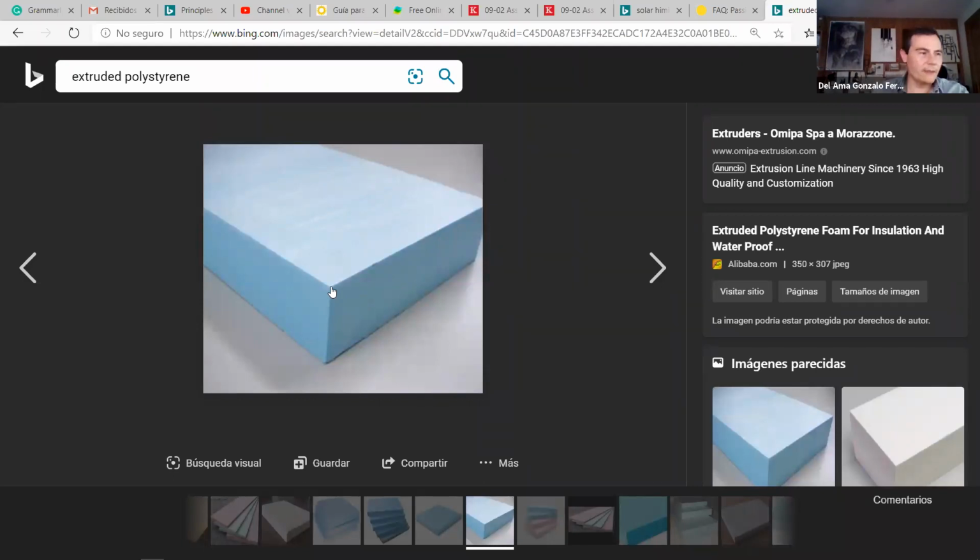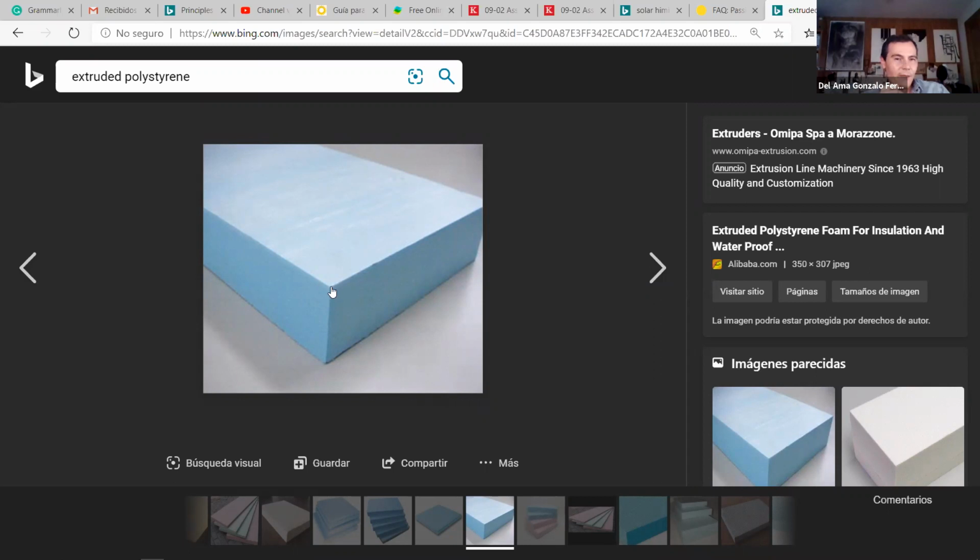And plastic nowadays comes from oil. So to manufacture this kind of material, you need to extract oil, and then it's a polymer, so it's an artificial material. You don't find this material in nature. You have to manufacture that. You have to release a lot of CO2. But when it comes to the thermal properties, this is the best material.